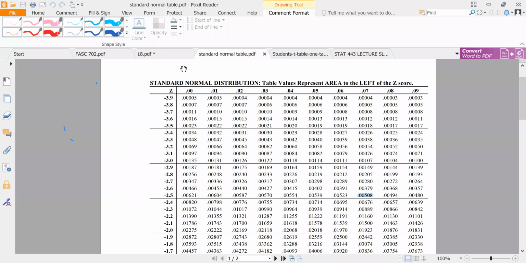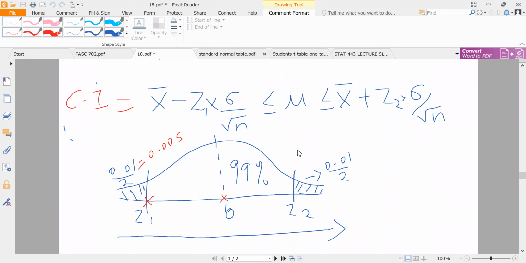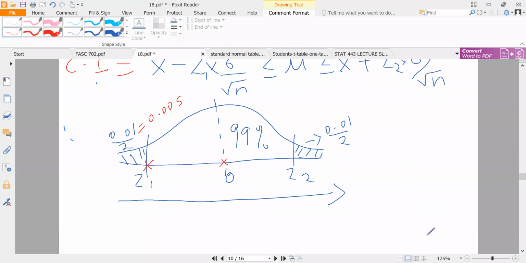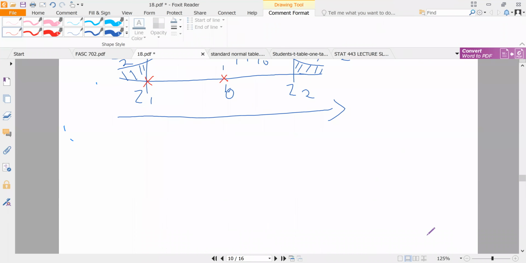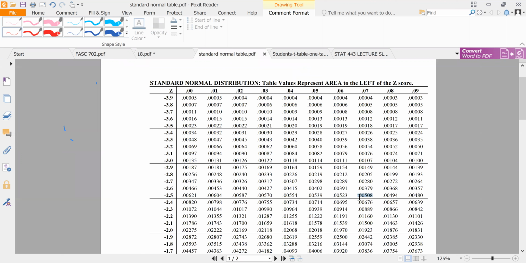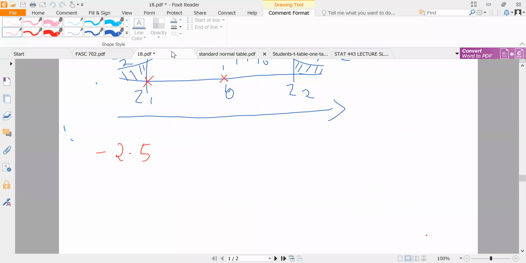So from that particular table, minus 2.57 gives us the probability 0.00508.